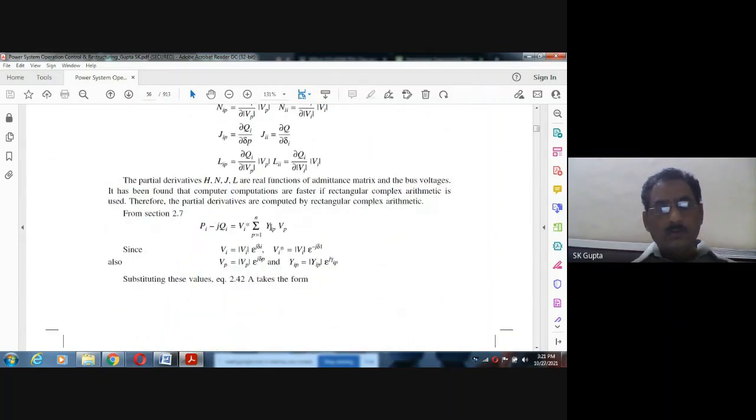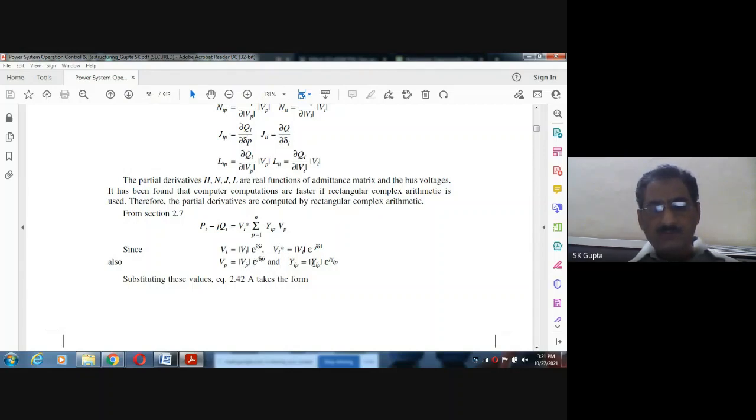This is the power flow equation. Now, this equation, just detailing this. This Vi is the phasor. This Vp is the phasor quantity. Yip is the phasor. Writing this into magnitude and angle. This is again magnitude and angle. Yip, the magnitude of this Vp is the magnitude of Vp. Then this is the angle, e to the power j delta p.